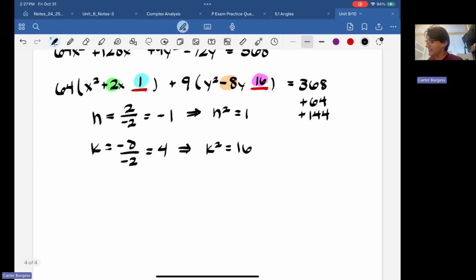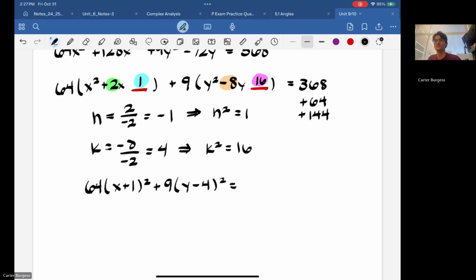And so, having completed the square, I get 64 times x minus h, which is x plus 1 squared, plus 9 times y minus k, that's y minus 4 squared, is equal to, in this case, 368 plus 64 plus 144.